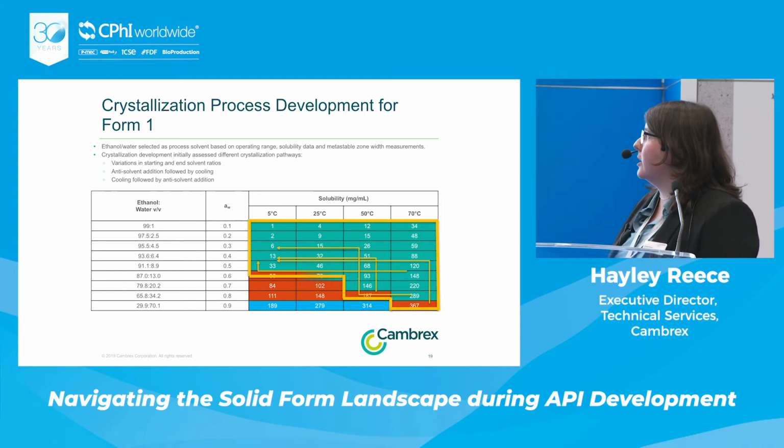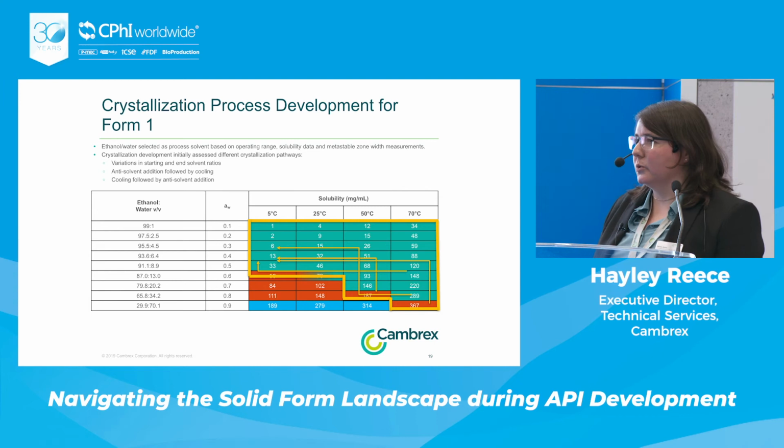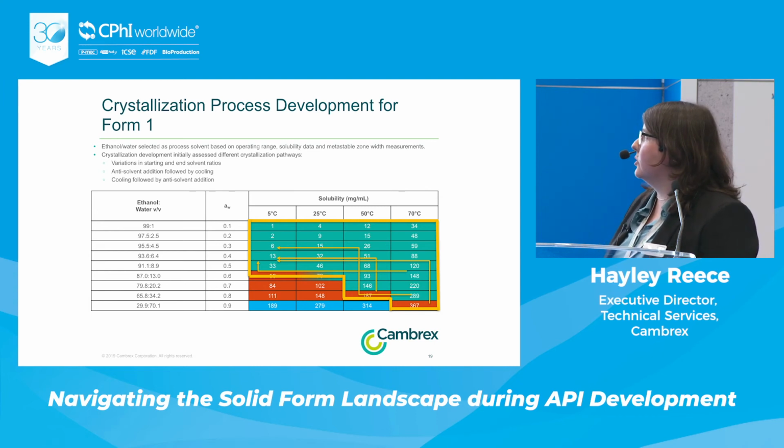That's another pathway. We could also start at a lower temperature, for example starting at 50 degrees, adding anti-solvent and then cooling as well. And then there's an intermediate type process where we do some cooling, add anti-solvent, and then cool further in order to get down to a low temperature and also ensure that we get a good yield.